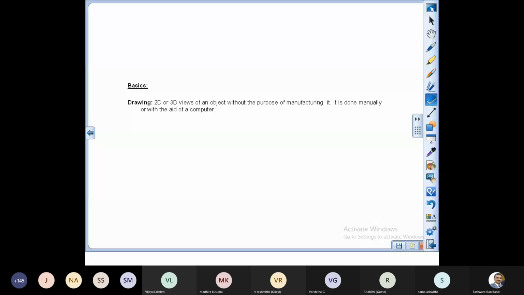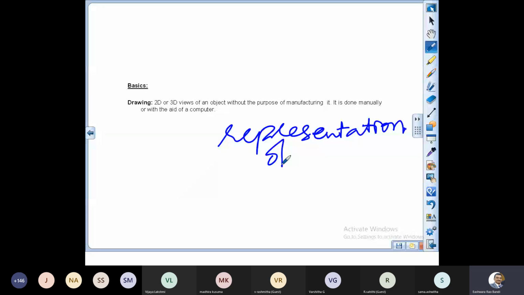Last point. When we represent the visual graphics on a sheet, the representation of visible graphics on a sheet is called engineering graphics.